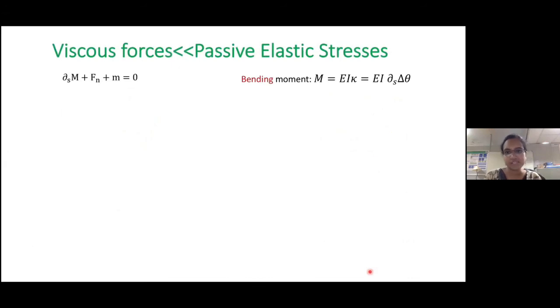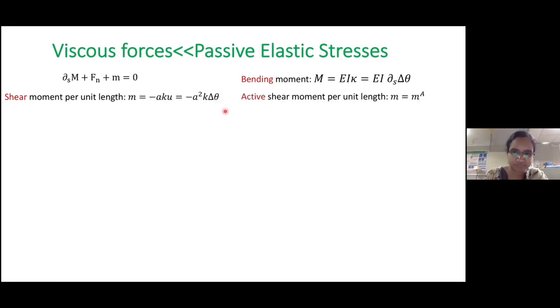So the first obvious source of moment is the bending moment, which is related to the curvature in the following way. The moment is linearly proportional to curvature with the bending rigidity as the coefficient. Then you can have the shear moment, which is essentially the fact that you have shear elasticity in the system, and that will be related to the tangent angle itself.